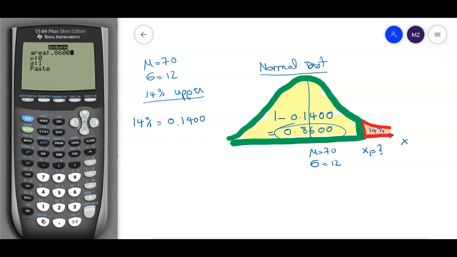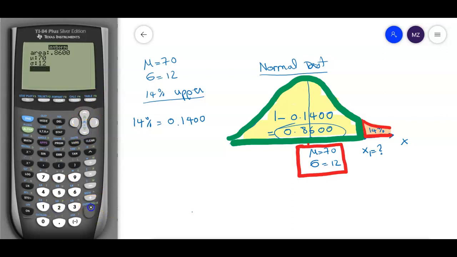0.8600. Then I'm going to go to the mean. You see here that the mean is not 0, so the calculator by default is using a standard normal distribution. However, you are not in standard mode, so you're going to put the mean 70, and you're going to change the standard deviation as well, which is 12. That's all.